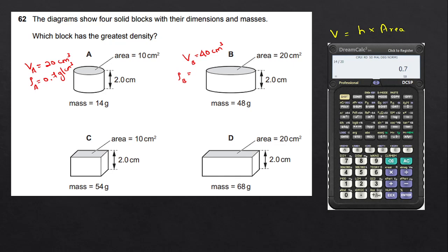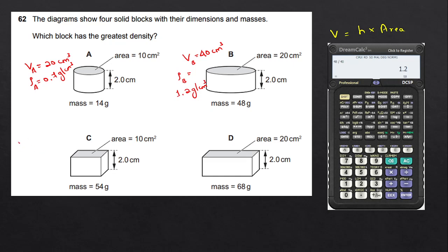Density of object B will be equal to 48 gram by 40 cm cube. 48 divided by 40, that's 1.2 gram per cm cube.